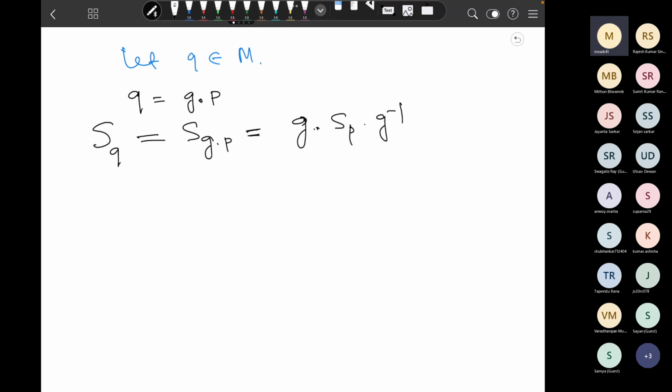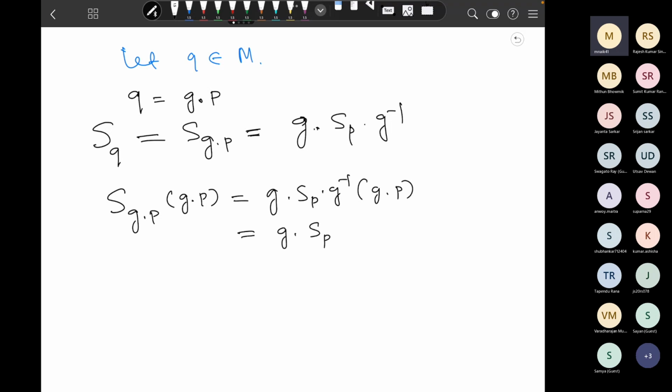Now if you look at S_{g.p} at the point g.p, this will be g S_p g inverse applied to g.p. That is g S_p applied to g inverse g p, which is p, and this gives g.p. Similarly, you can check that the derivative of S_{gp} is minus of identity at the point gp. However, there is an issue here. Q may have two different representations, like q equal to g.p or h.p.